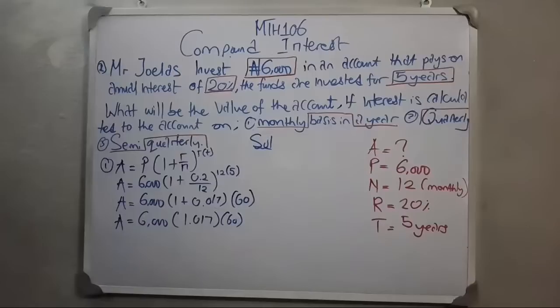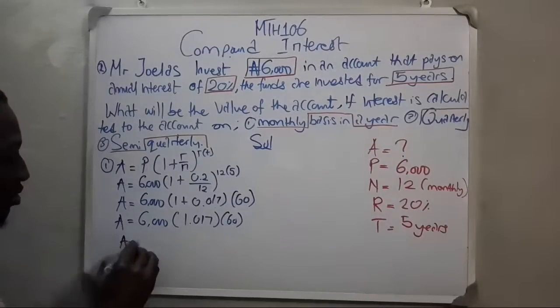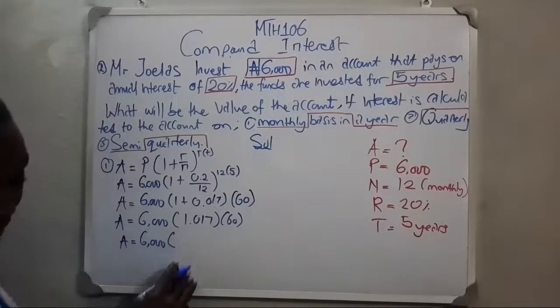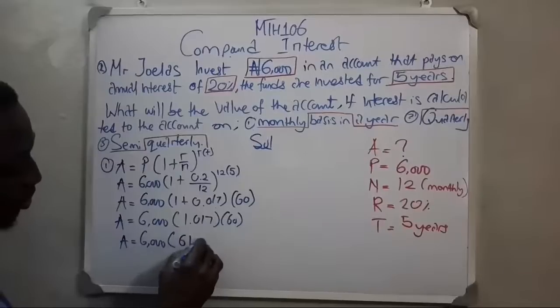Multiply by 60. That's 61. So we have A equals 6,000 into brackets 61.02.